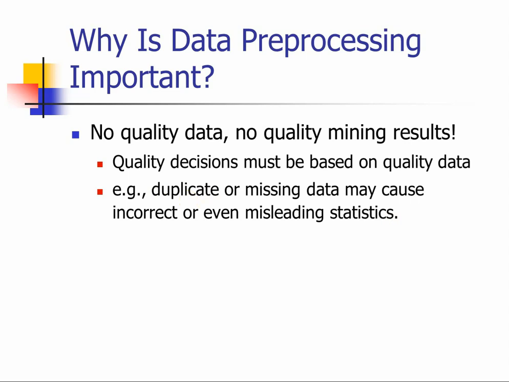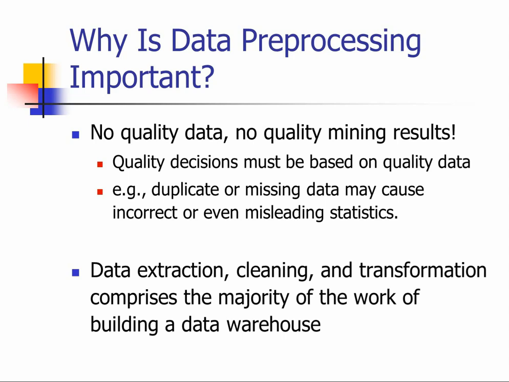If you didn't catch that, when you apply data mining algorithms, that record will have higher weight in the process, and therefore it will skew the results that you may find. Therefore, we need to make sure the data is clean before we apply the data mining process. Data extraction, cleaning, and transformation comprise the majority of the work of building a data warehouse. So this is going to be a very, very important first step of the whole data mining process.